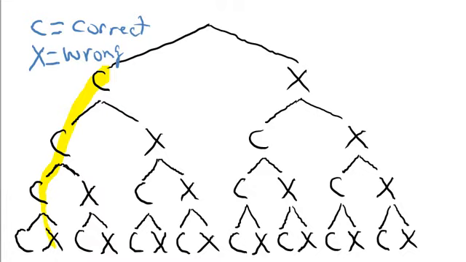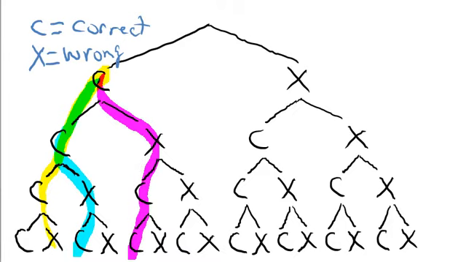Any other branch down here, you've got 2 wrong unless you go this way. So if you choose another color, you could go here, that would be another possibility that has just one wrong. Then you could go here and move down, and that would be one wrong.